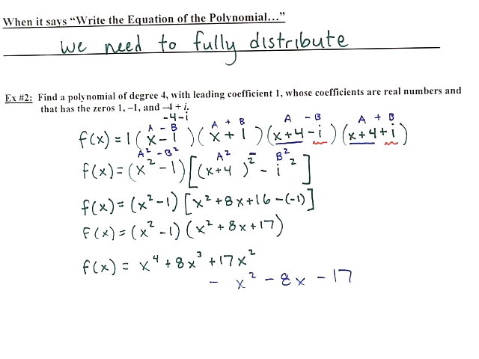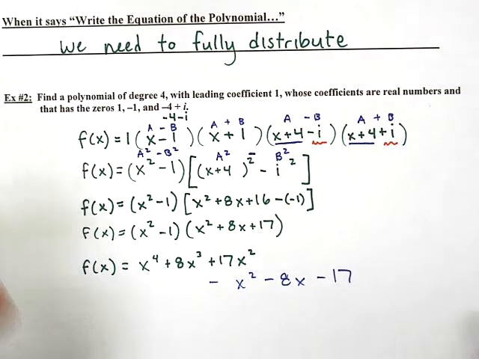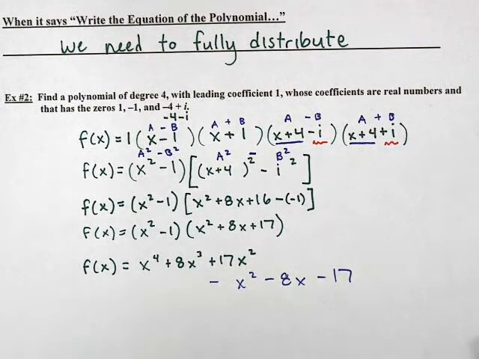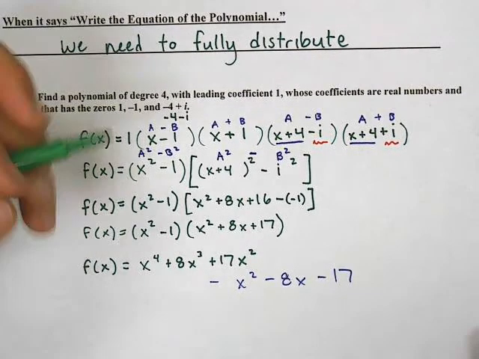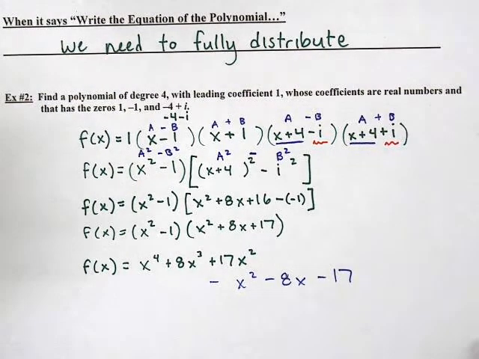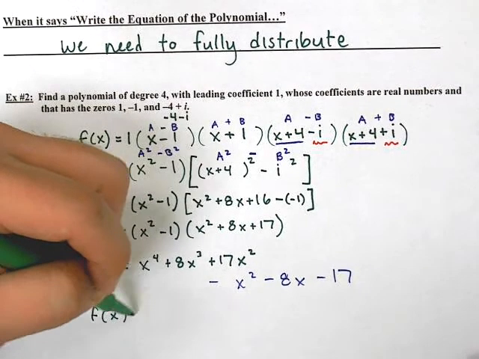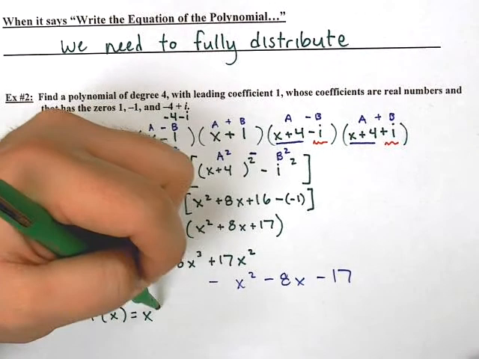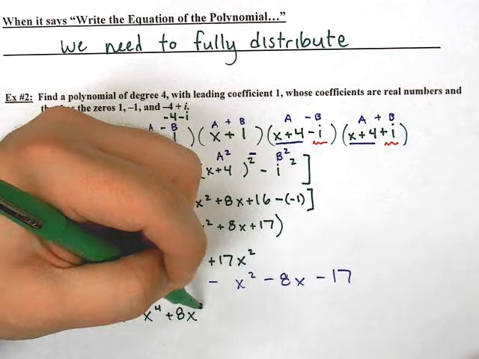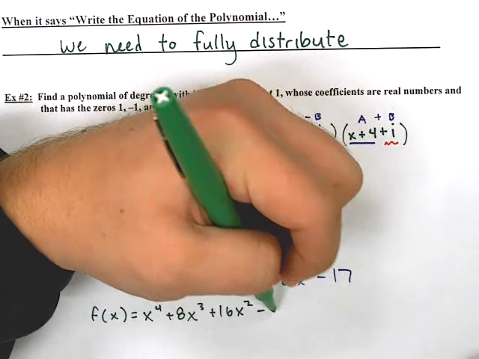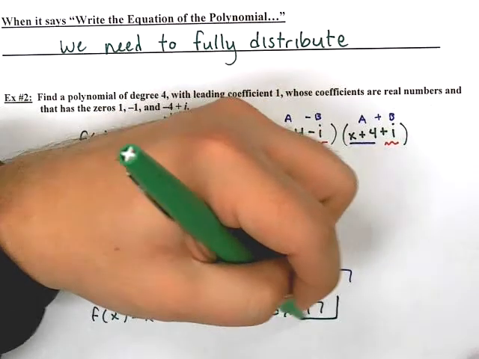And again, I'm thinking this way because it might be helpful to see what goes with what, instead of having to find squiggles and stuff to find the like terms. All right, so I finish this up by writing everything. x to the fourth plus 8x cubed plus 16x squared minus 8x minus 17, and I believe I'm done.